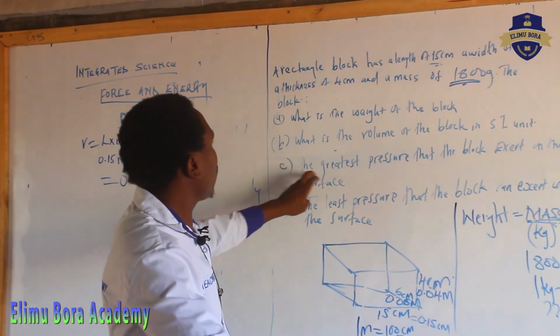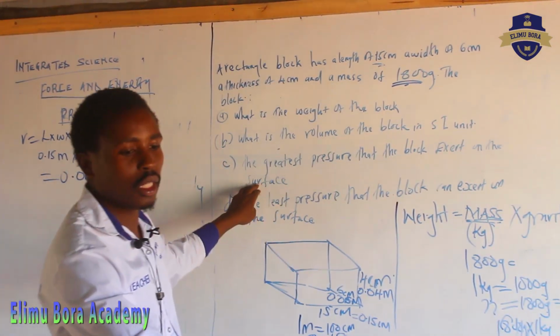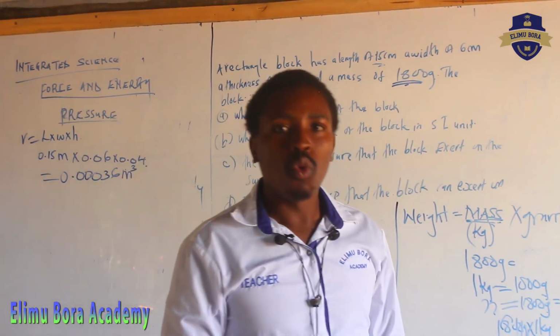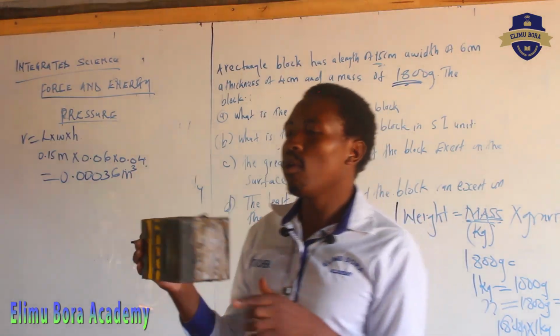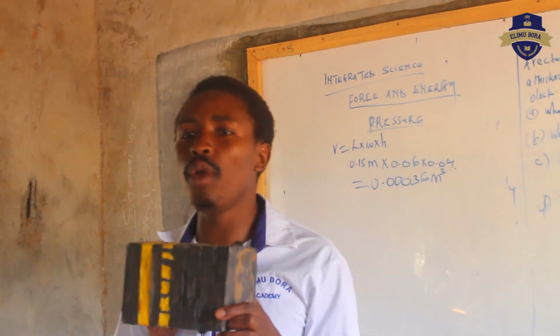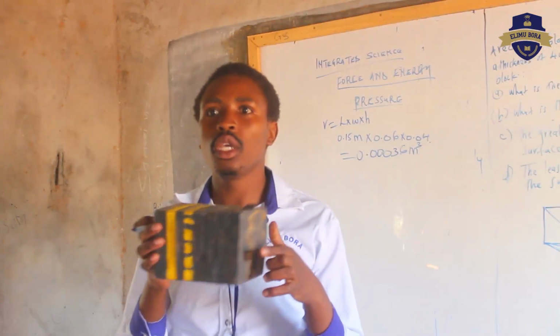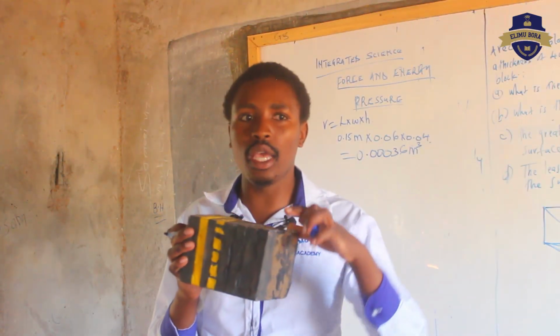So let's check on question C. The greatest pressure that the block exerts on the surface. When you have this block, you have two surfaces: the lower surface and the sideways surface. They're talking about the greatest pressure.